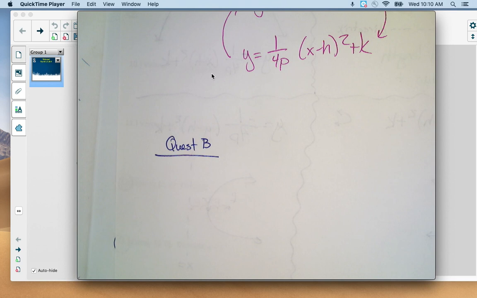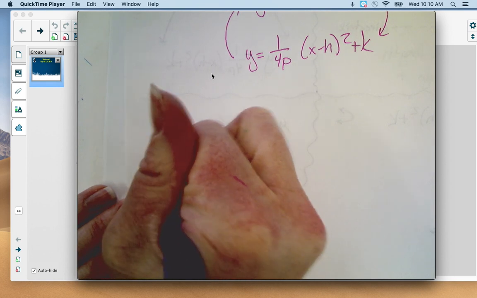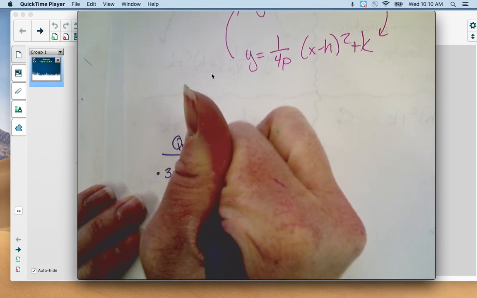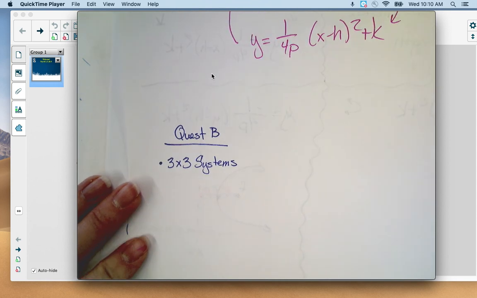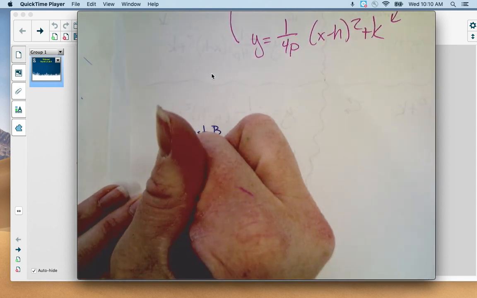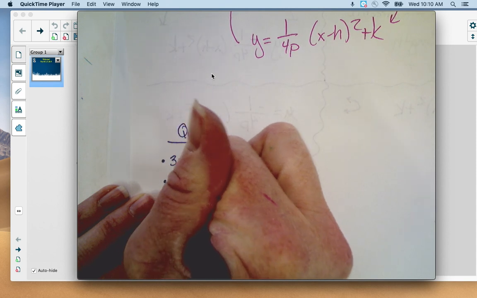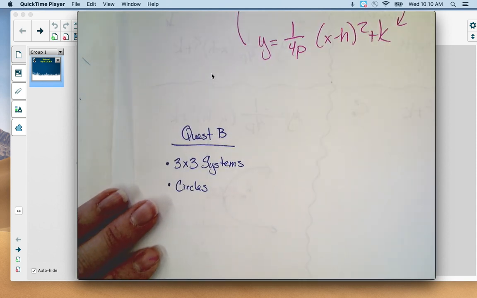If anything, it benefits you because you're focusing on less content rather than trying to focus on everything at once. So it's going to cover 3x3 systems. That was the first thing you saw before break and after break, because we had that one odd day. Circles. We covered super quick, really completing the square, identifying the center and the radius.